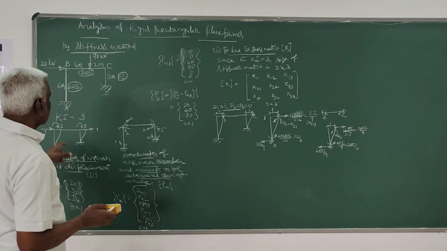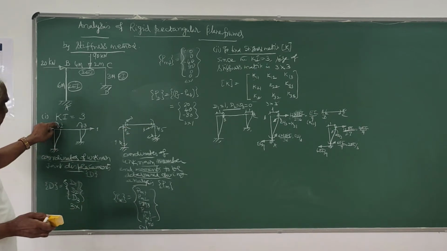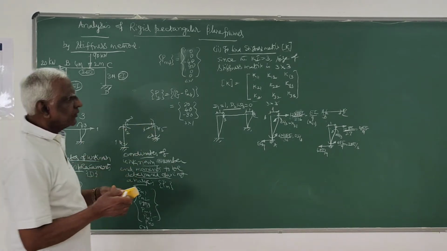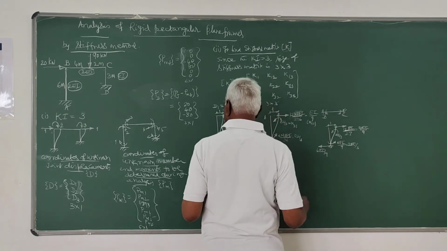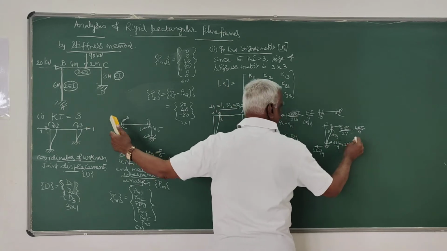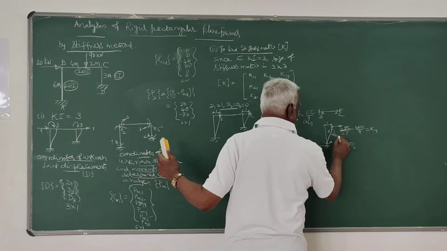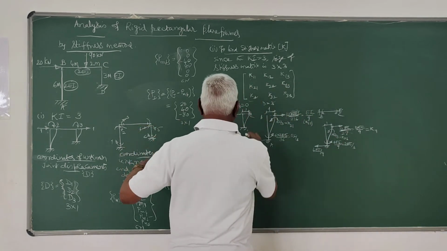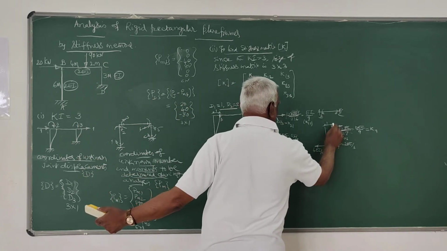When unit displacement is given along 1, the moment developed at 2. Here the joint moment corresponds to this as well as this, both. You have to take this is K21, this is K11, here it is 0, and here, as per our notation, this is also 1, so this is also K11, and this is equal to K31. That corresponds to displacement 3, that is at C.